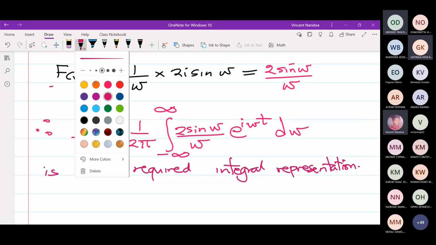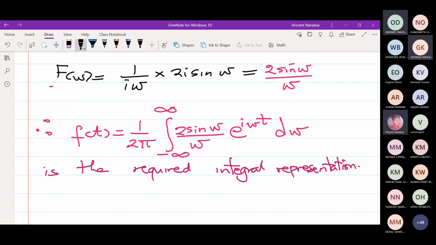So if you might remember our discussion on Laplace transform, once we defined a Laplace transform of a function, and we did examples on Laplace transform, the next section was to discuss, after the examples on Laplace transform, what was the next section? Inverse.